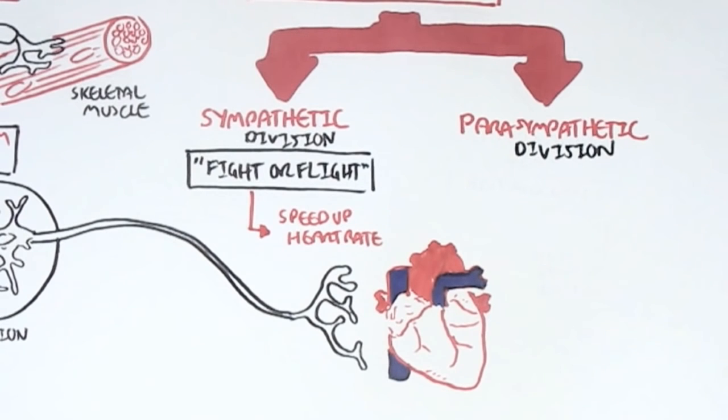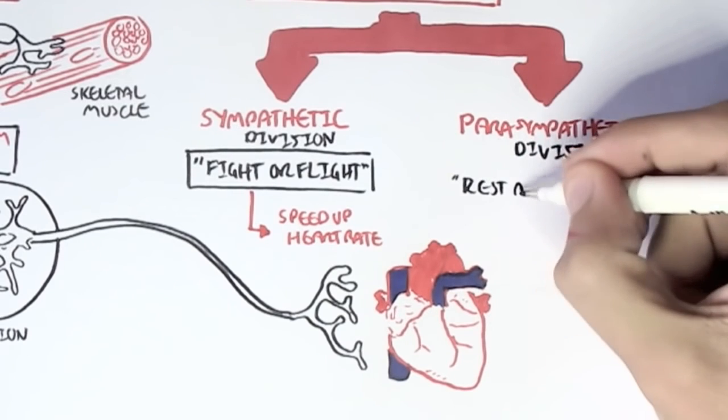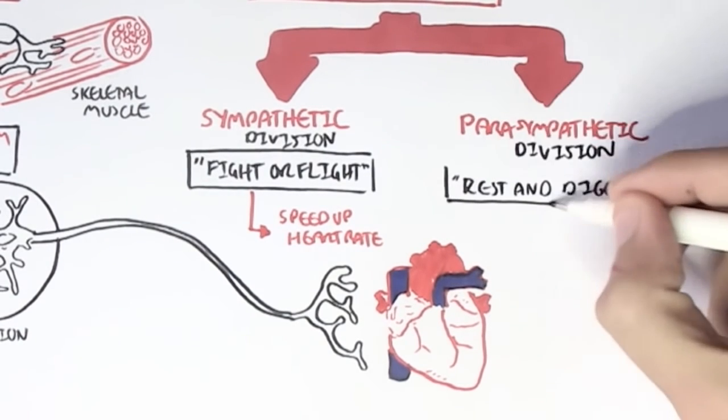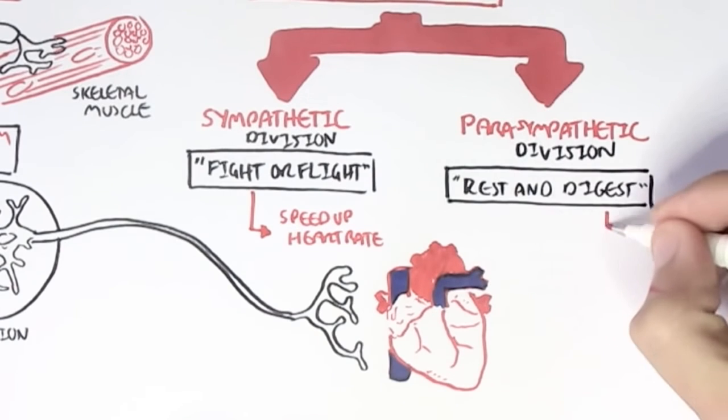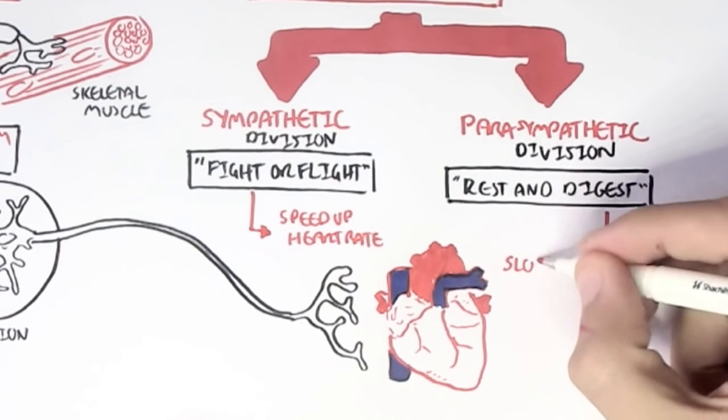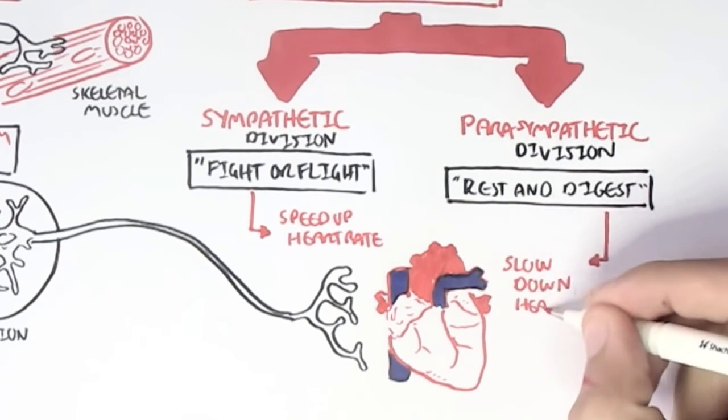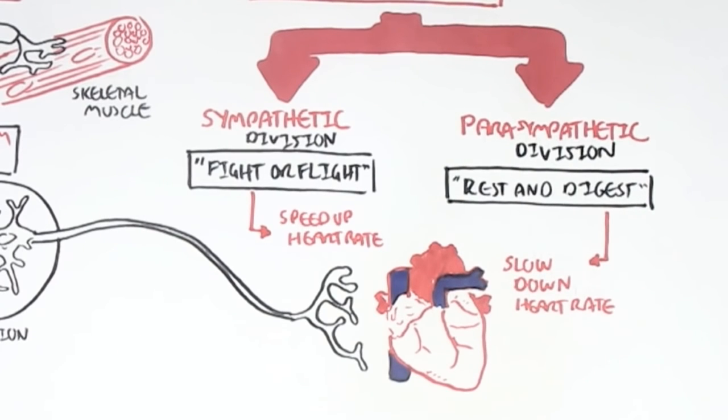The parasympathetic division, on the other hand, is usually opposite of the sympathetic division. It is called the rest and digest response. And so it will cause a decrease in heart rate or slow the heart rate down. The parasympathetic division is actually more active during rest and when we eat, for example.